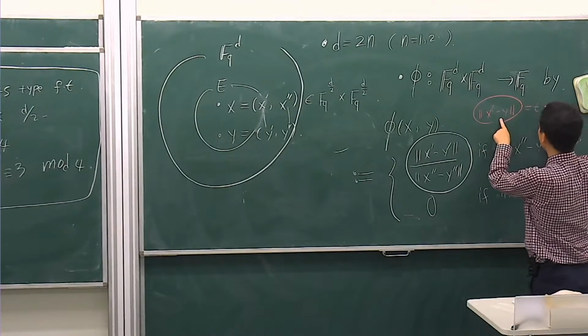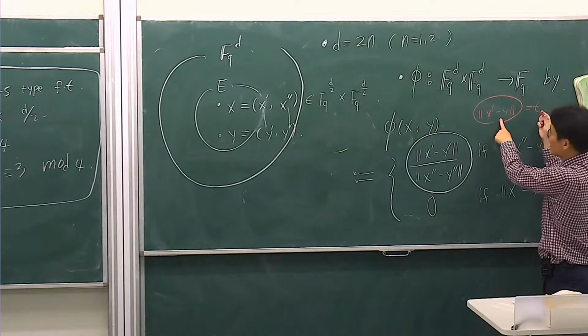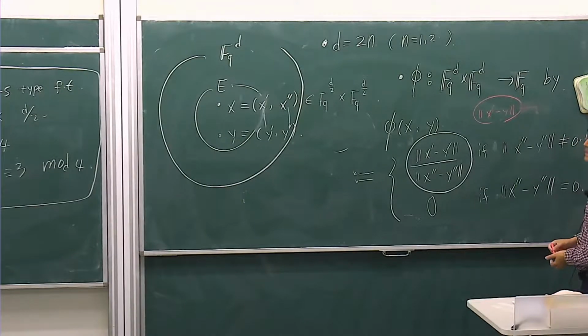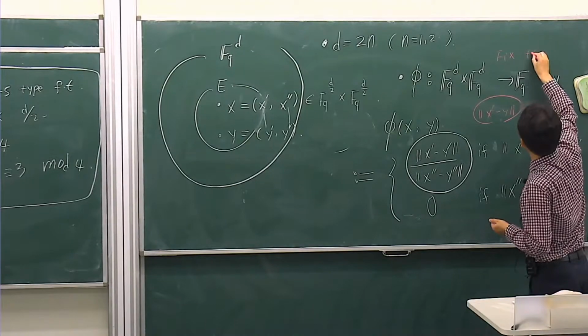If this is t, this function has t value, t distance. So we want to count. The first idea is to fix t, where t is not 0.